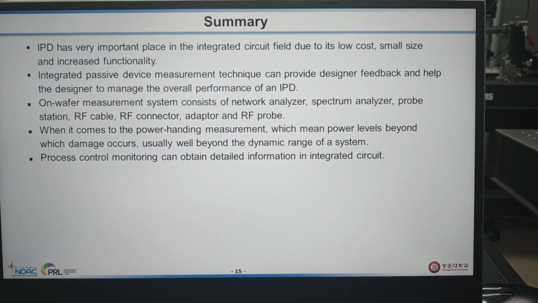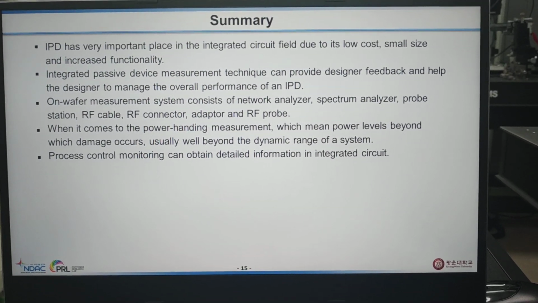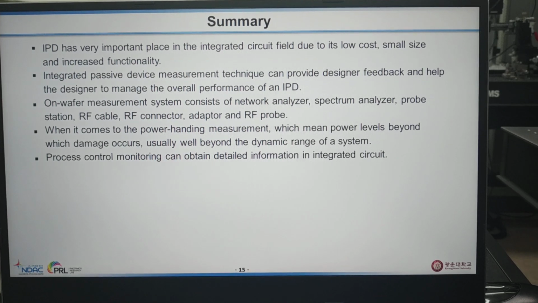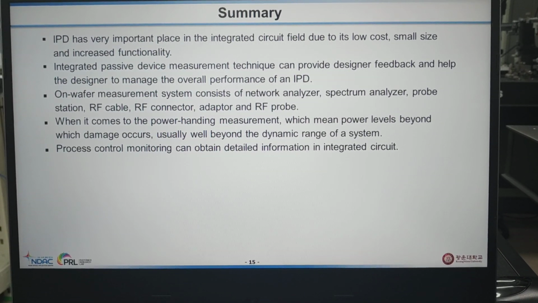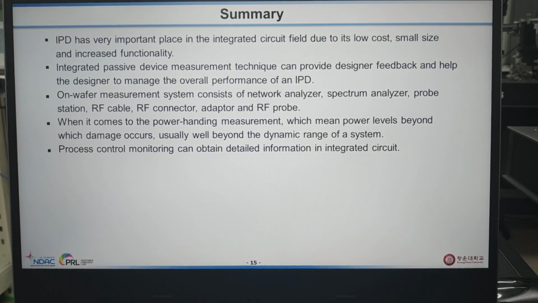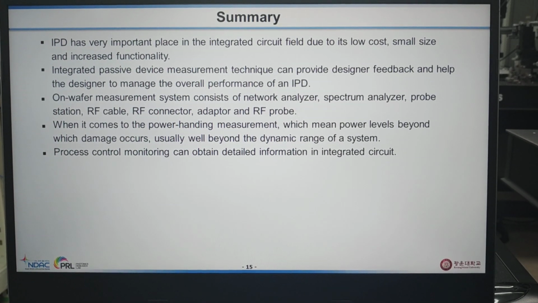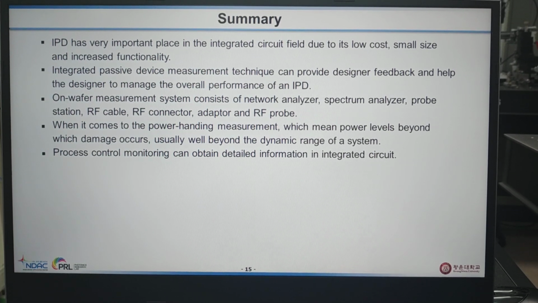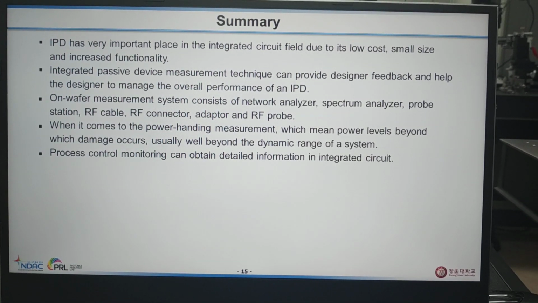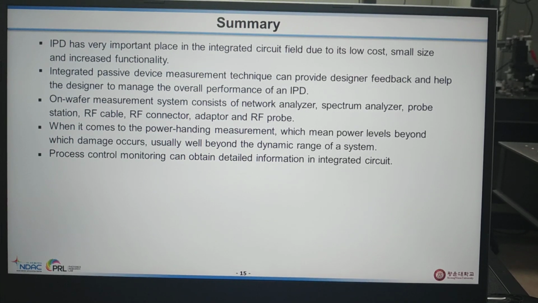Here's a summary of my presentation today. First, as I have shown, due to the many advantages of the IPD, it has a very important place in the integrated circuit field.